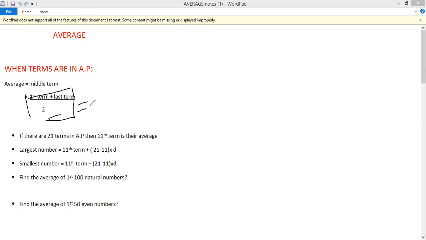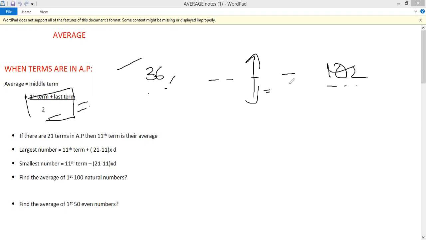Suppose the first term is 636 and this is the last term, all in AP. First plus last by 2 is the average term.